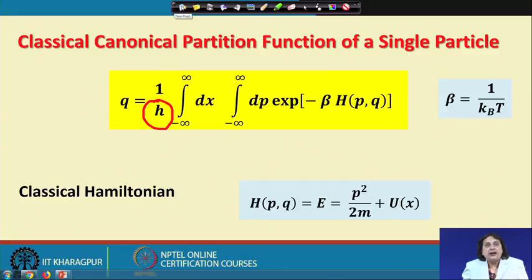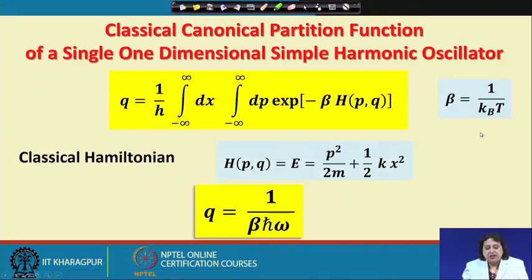Now I try to evaluate the canonical partition function for the simple harmonic oscillator. So, I put E equal to p squared by 2m plus half k x squared.